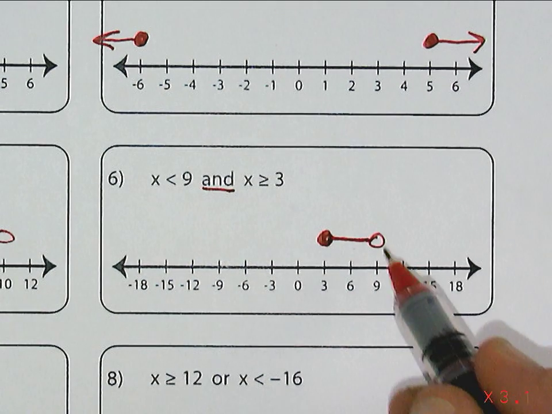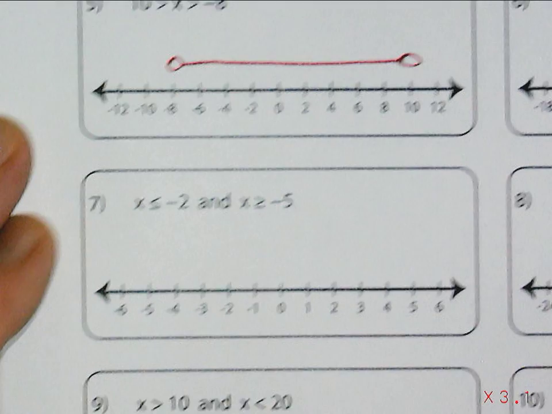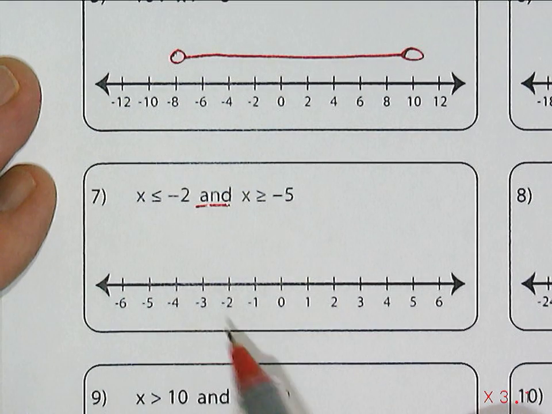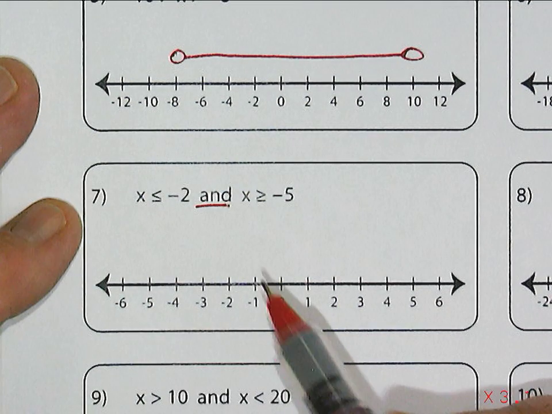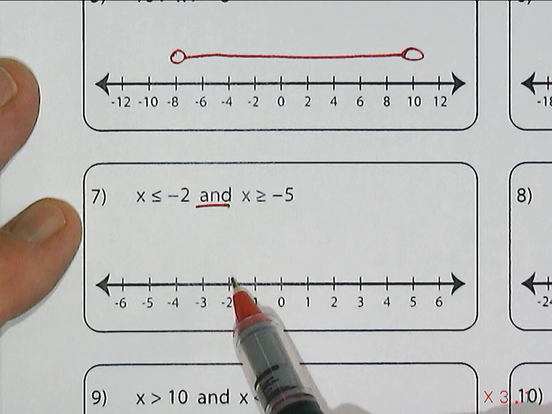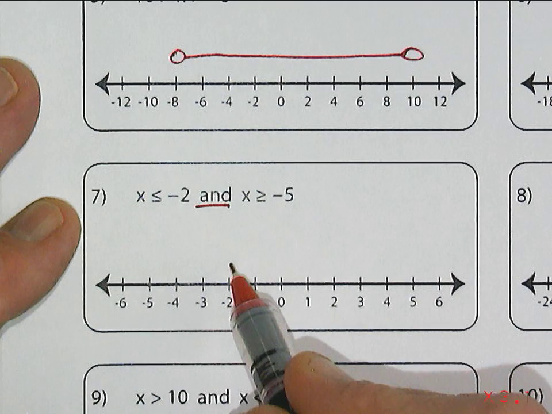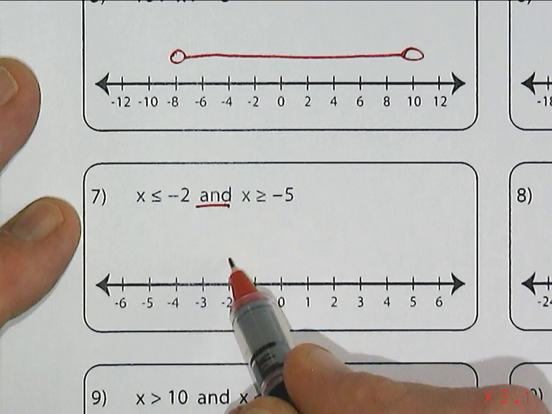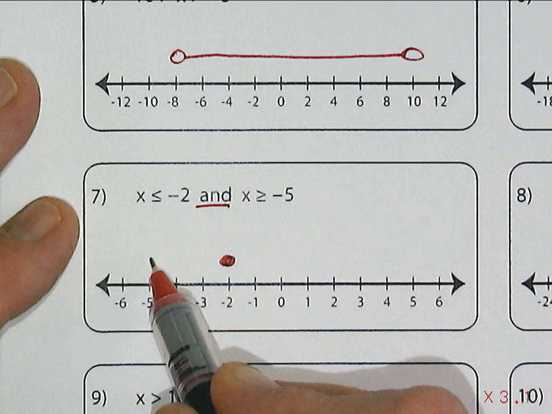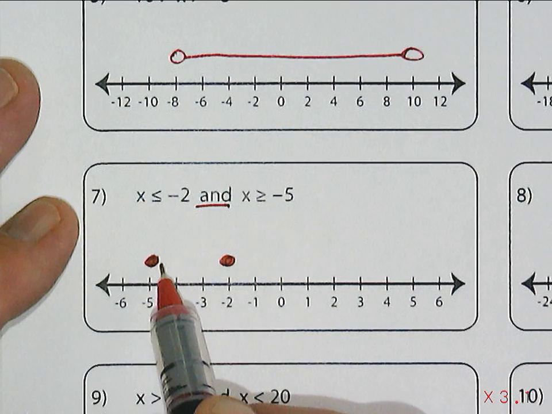So combining inequalities now, we have multiple dots. Again, we have an and situation. So x is less than or equal to -2 and greater than or equal to -5. So we're really less than -2, greater than -5, less than or equal to, so we have the solid dots.